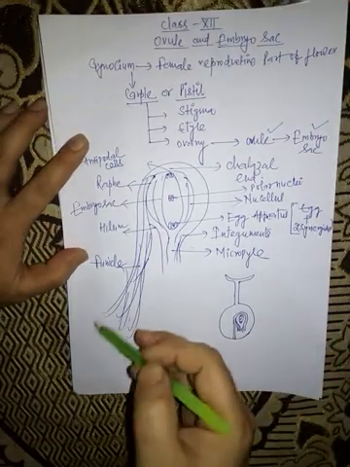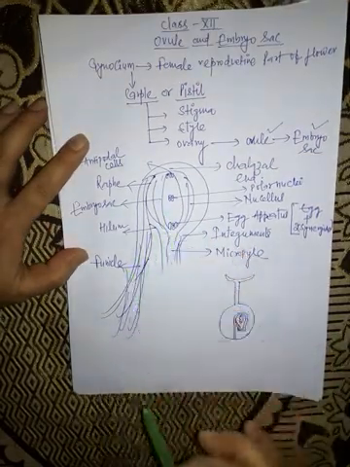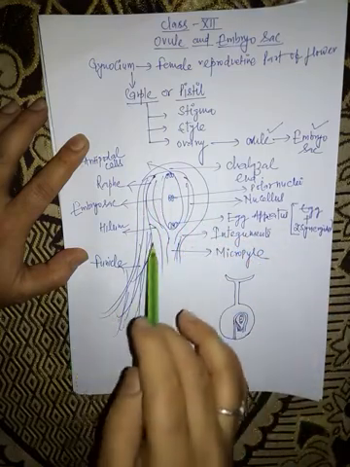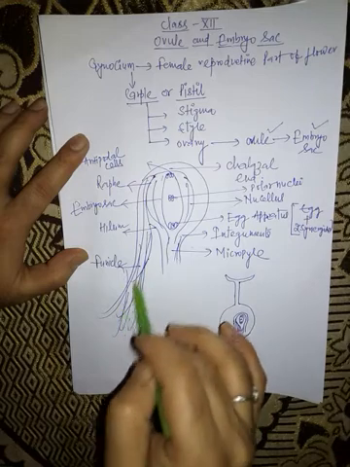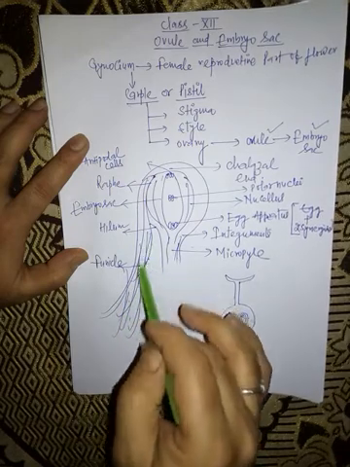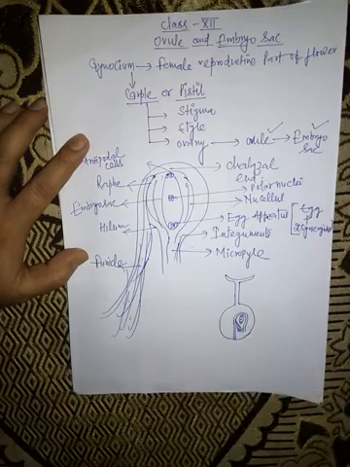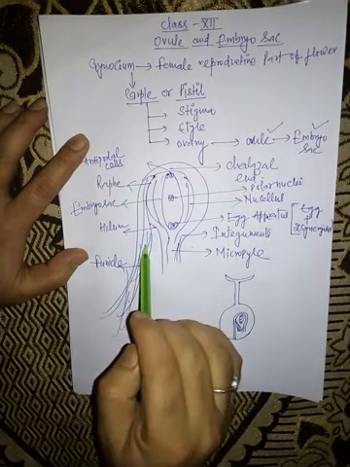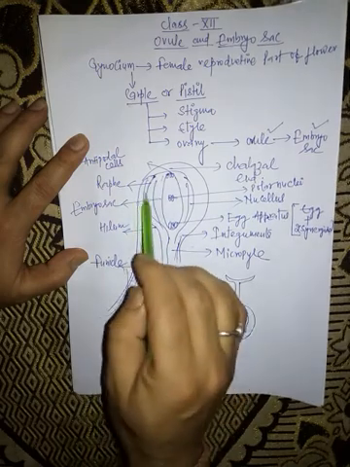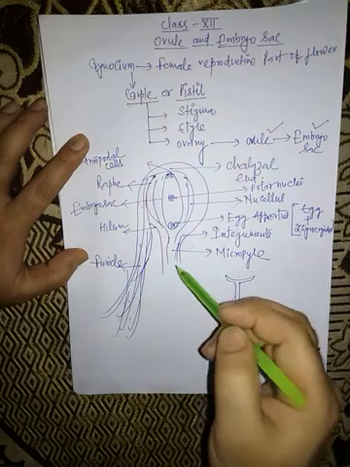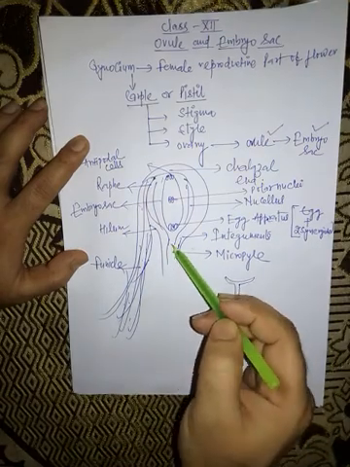First I am defining the structure. The ovule is a dome-shaped structure which contains the funicle. This funicle attaches the ovule with the base part of the ovary, and the funicle and ovule both are connected. This part is called raphe. This ovule contains two parts.